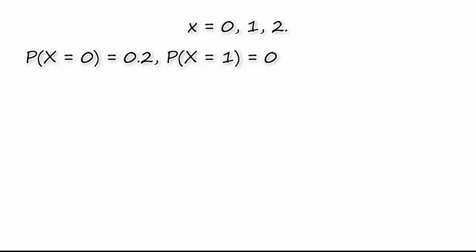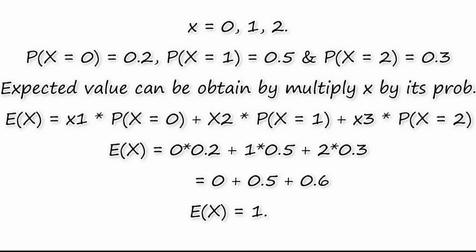Since X is the days the men's soccer team plays per week, X takes values 0, 1, 2. And the probability of X, according to the question: when they play 0 days, you have 0.2 probability. When they play 1 day, you have 0.5 probability. And when they play 2 days, they have 0.3 probability.